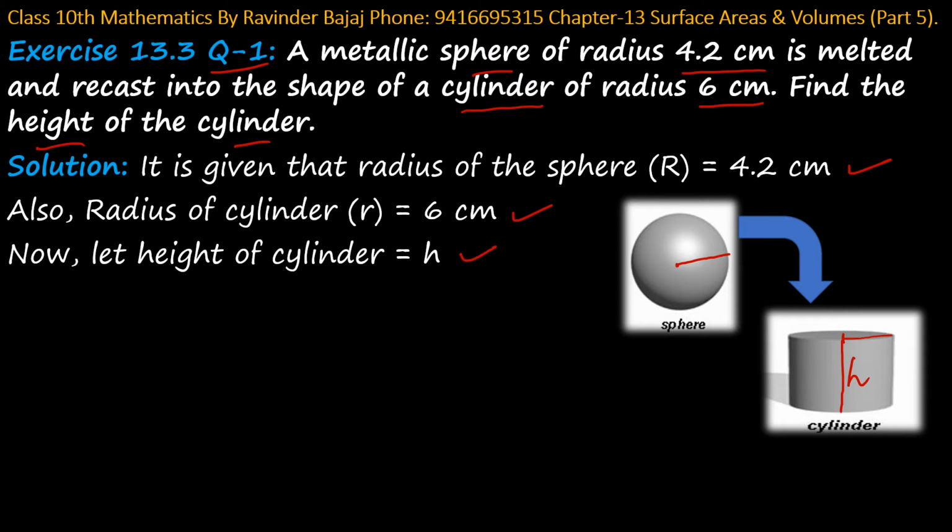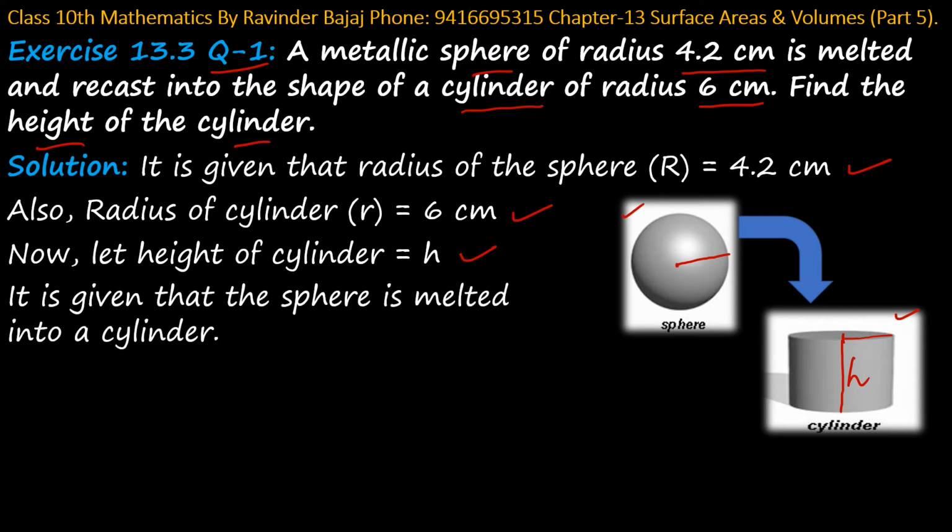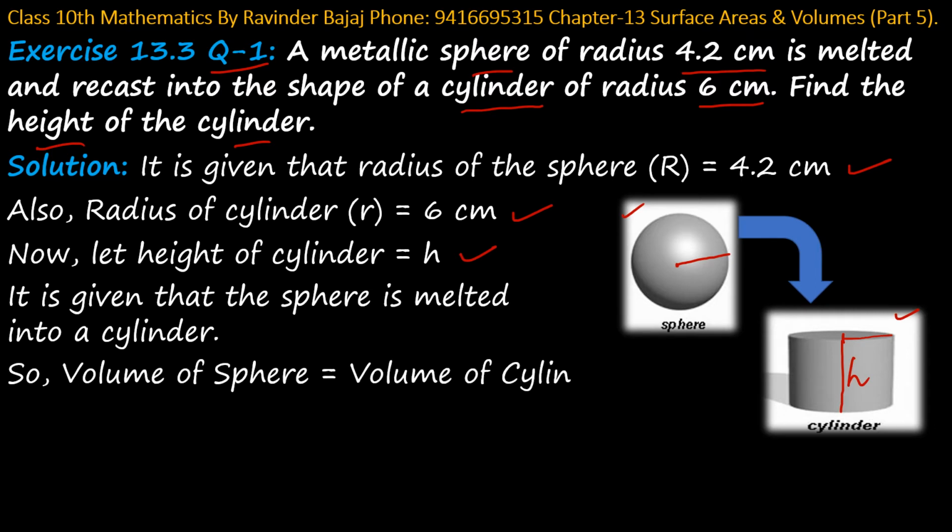Now, because it is melted and recast, it means both the solid shapes have the same volume. It is given that the shape is melted and recast into the cylinder, so their volumes are equal. So volume of sphere is equal to volume of cylinder.